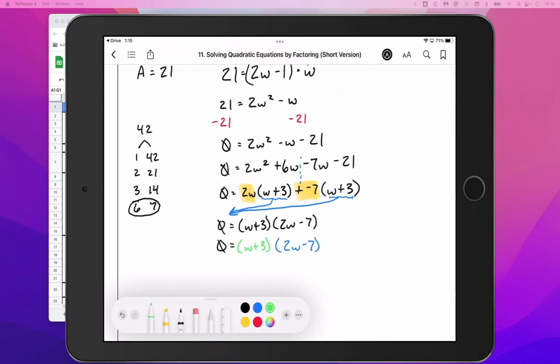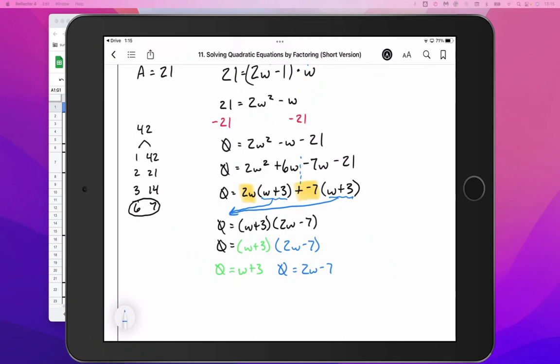And so we're going to ask ourselves the question, gee, how do I turn the green one into 0? And how do I turn the blue one into 0? And so for the green one, we got to subtract 3, subtract 3. Negative 3 is equal to w.